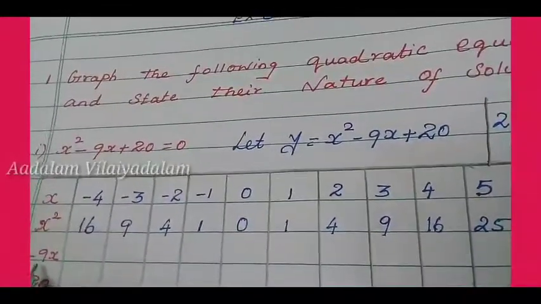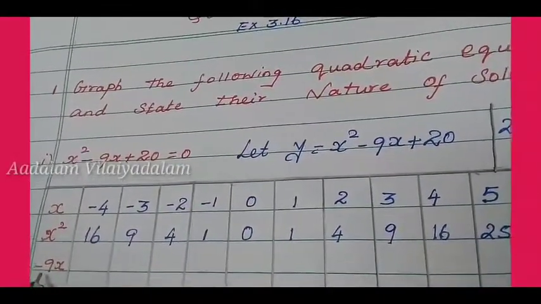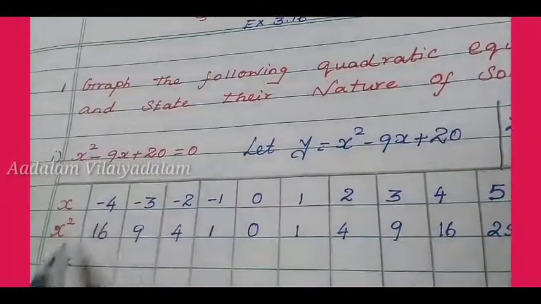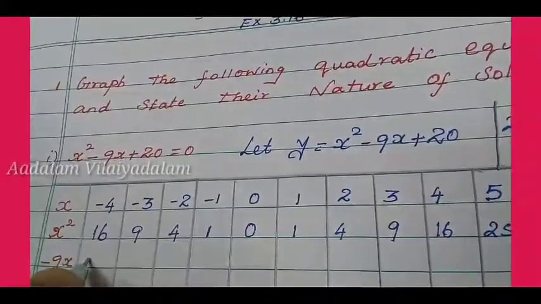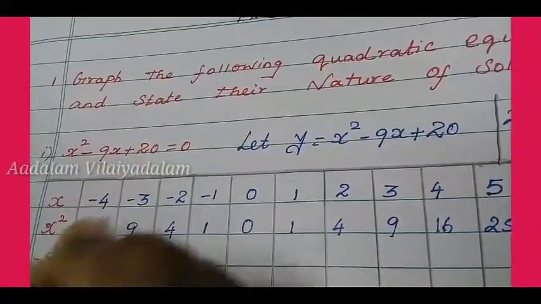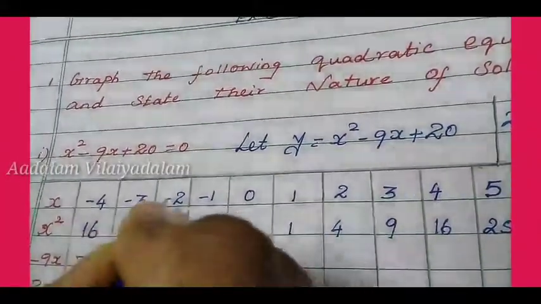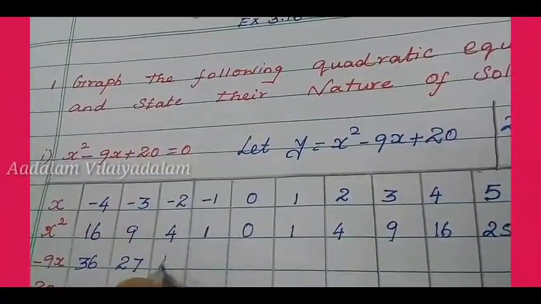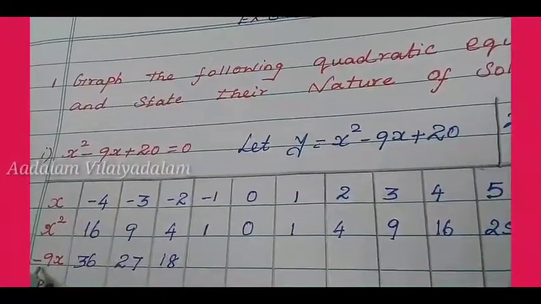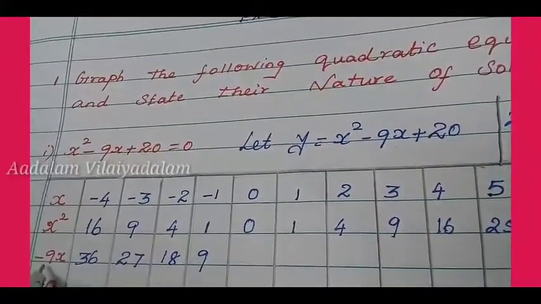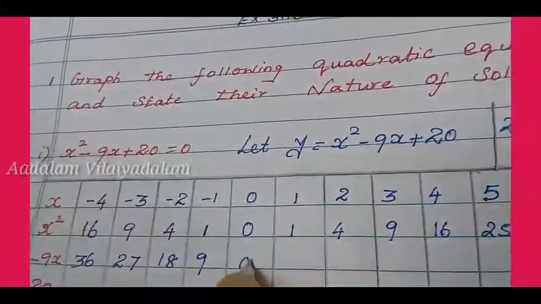Minus 9x means we have to multiply minus 9 into x. Minus into minus is plus, 9 4s are 36. Minus into minus plus, 9 3s are 27. Minus into minus plus, 9 2s are 18. Minus into minus plus, 9 1s are 9. Here also minus 9 into 0, 0.